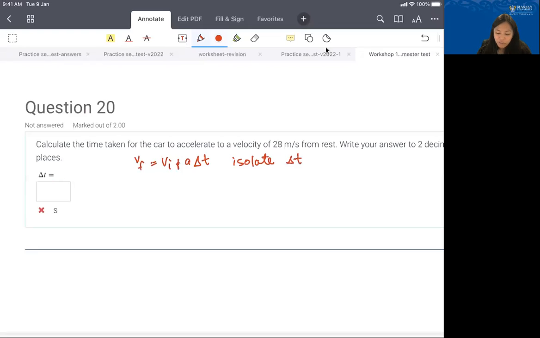This equation comes up quite often, so you might want to rearrange ahead of time, isolating delta t, rearranging to isolate A, and rearranging to isolate Vi, so that when you need any of those equations in the test, you can just look at your formula sheet that is already rearranged, and you don't have to do the rearranging at the time of the test.